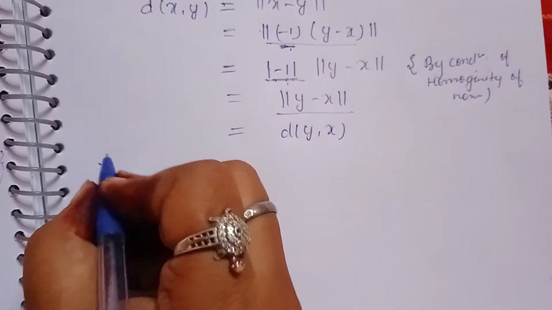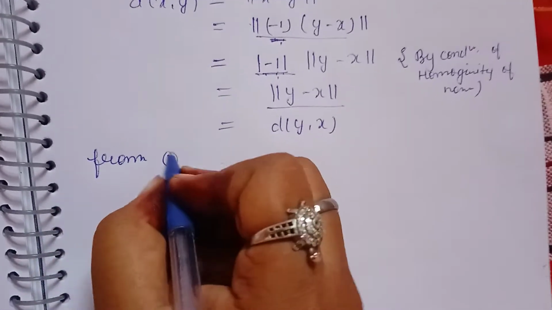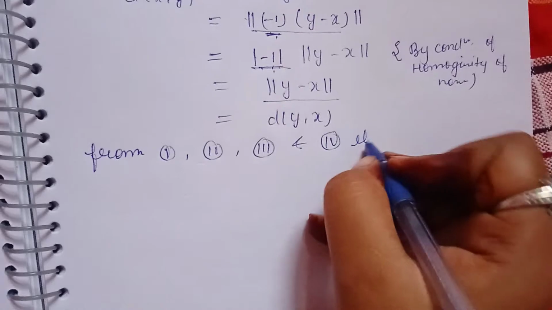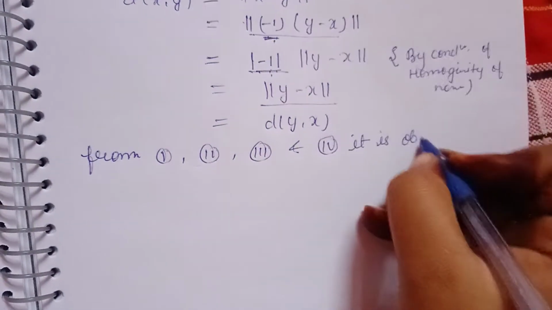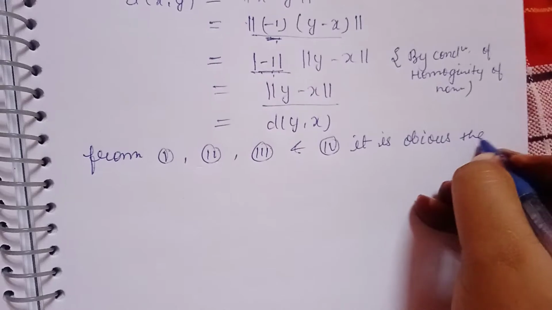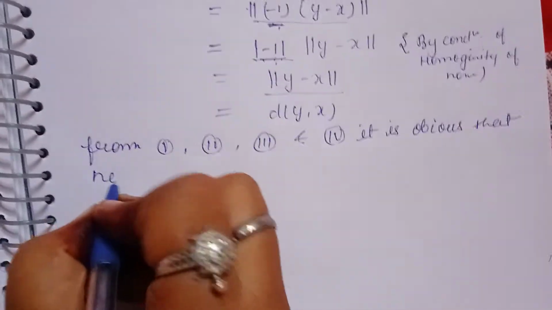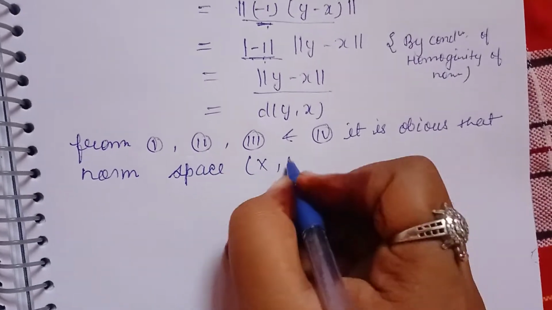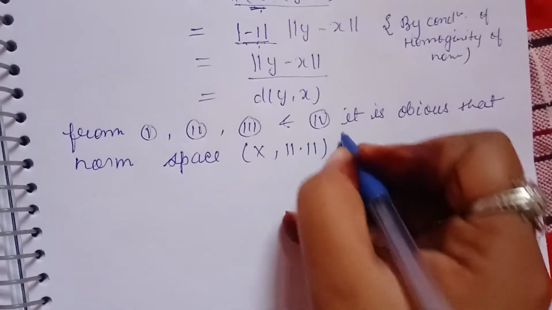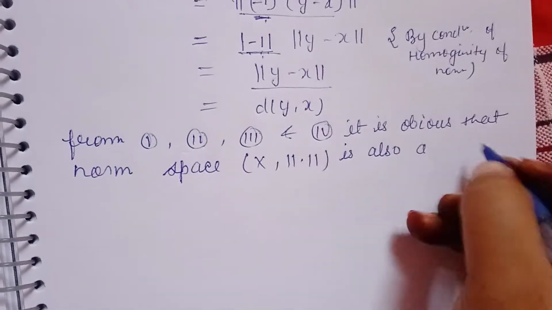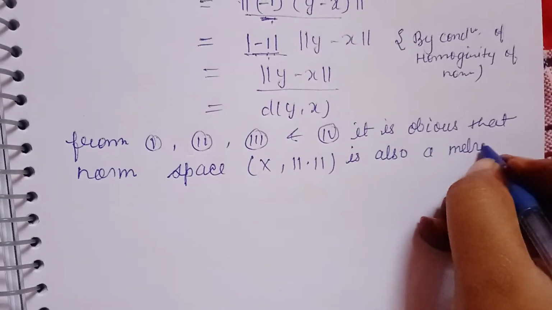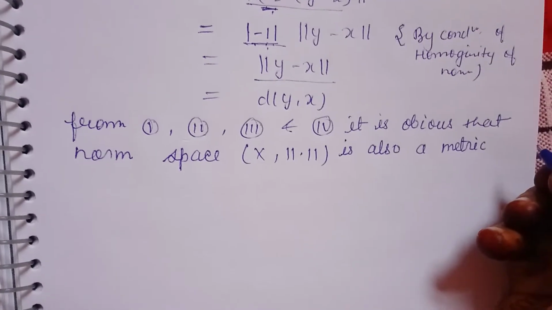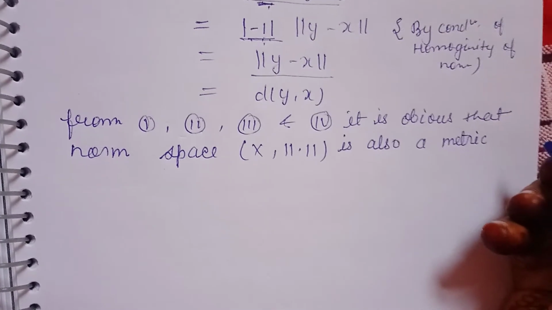So from conditions 1, 2, 3 and 4, it is obvious that the norm space (X, norm) is also a metric space, because it satisfies the four conditions: non-negative condition, null condition, triangular inequality, and the fourth, the symmetric condition.